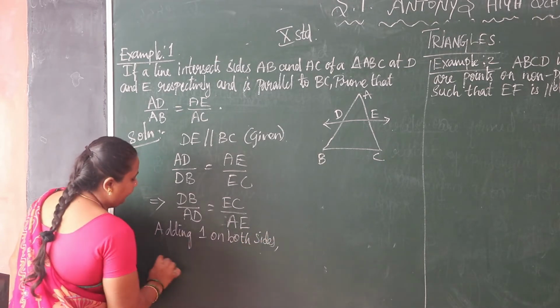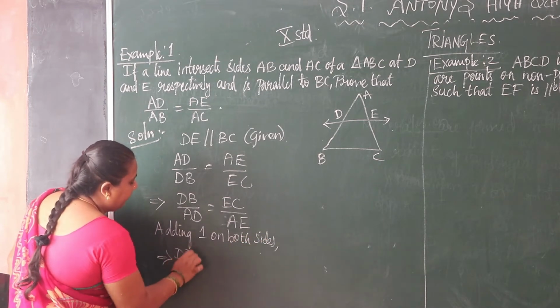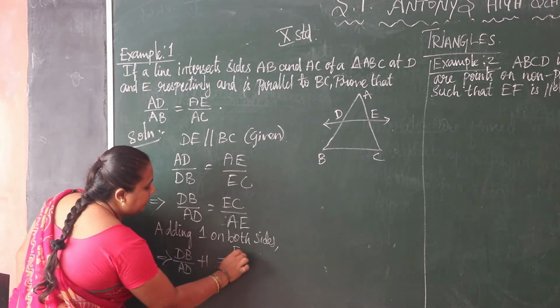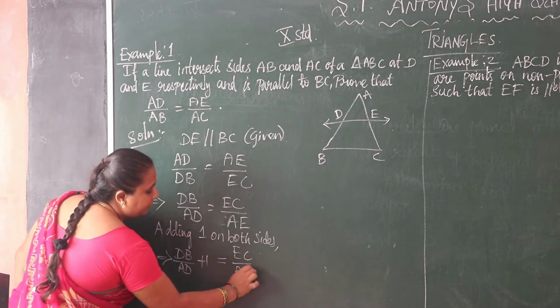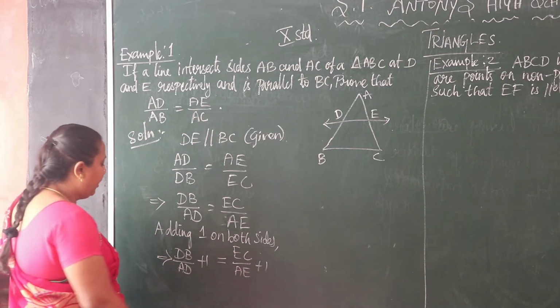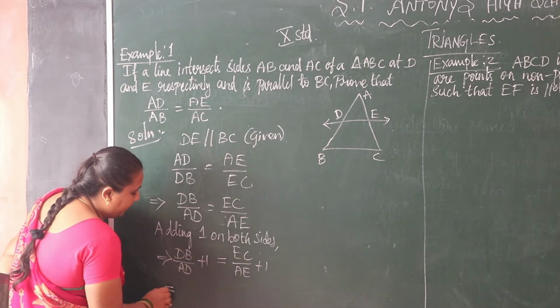Now we get DB by AD plus 1 equals EC by AE plus 1. Now we take the LCM.